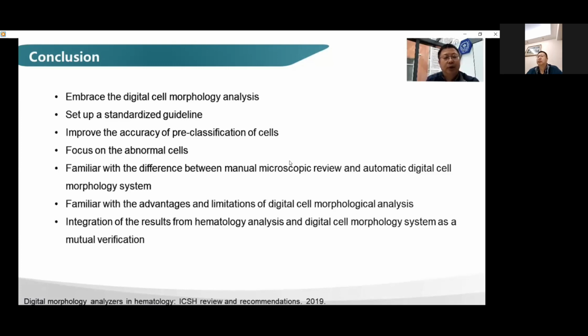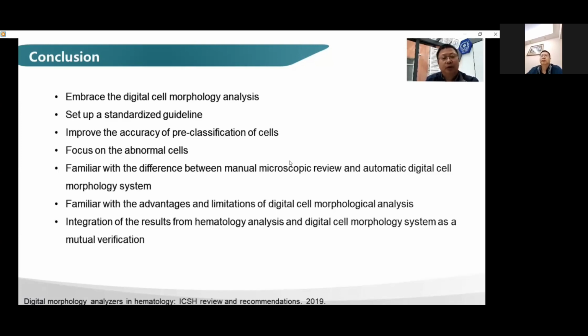Also, clinical morphology staff could be unburdened from all the heavy manual microscopic reviews, so that we can spare some manpower for those reviews that truly need the manual power.